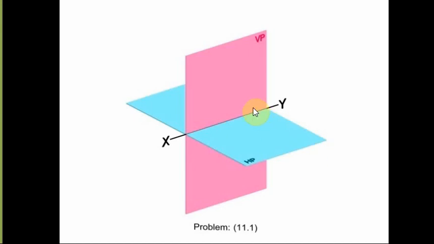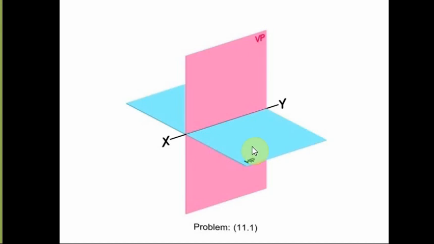Whatever the observer sees from this side will be projected to the plane behind the object. This is the concept of orthographic projection, and this is how we draw the front view. The front view will always be drawn on VP, and for the top view, the observer will be on the top, the object will be here, and behind the object there will be the horizontal plane. Whatever the observer is seeing will be projected to the horizontal plane.